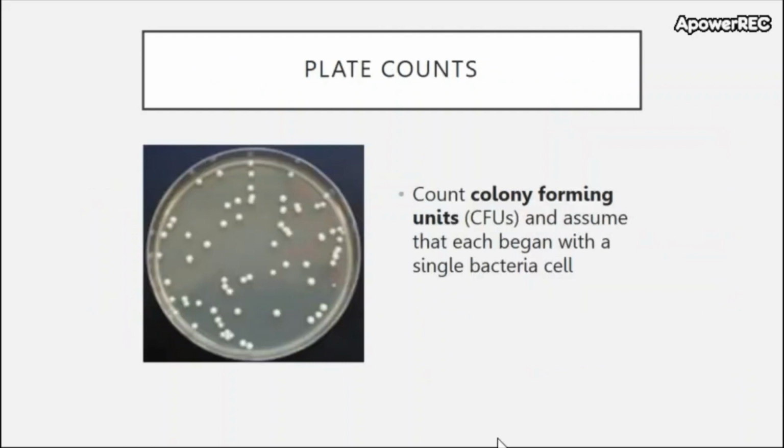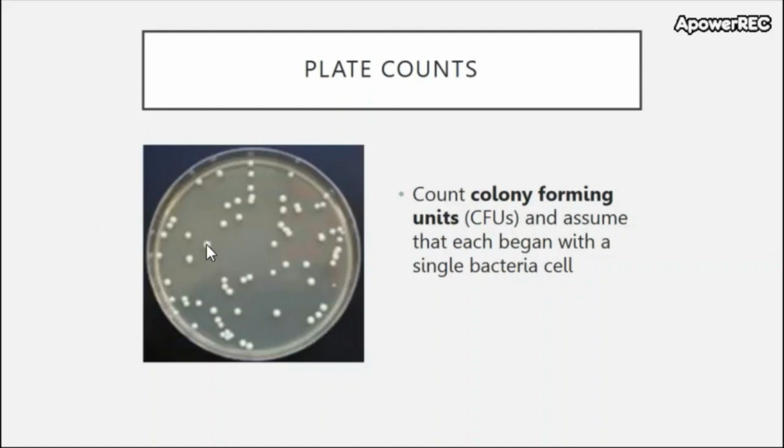The most common method for directly quantifying microbial growth is actually referred to as plate counts, where you count the number of what are called colony forming units on a plate. So each one of these colony forming units is not just one bacteria. Remember how big this plate was in relation to the person's hand when they were pouring that agar plate.